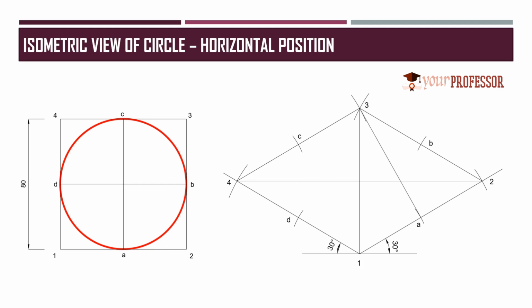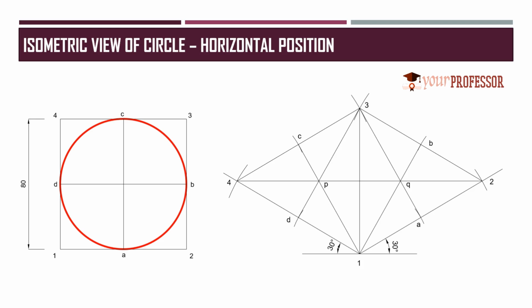So from 3, join A and join D. Similarly, we have another endpoint 1. From 1, join B and then C. So all these will intersect at one particular point. Let us represent those. Let us consider one point as P and the other point as Q.